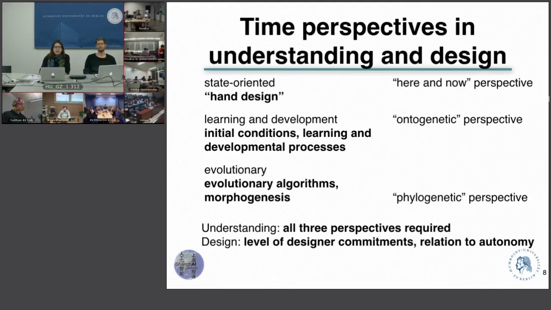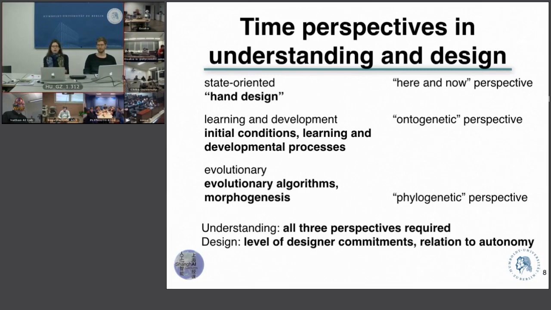And then in the third perspective, the evolutionary phylogenetic perspective, you have to design the evolutionary algorithms. You have to define how many generations, how big the population size is, what has changed, and we will see later what genotypes are, what phenotypes are, and so on.